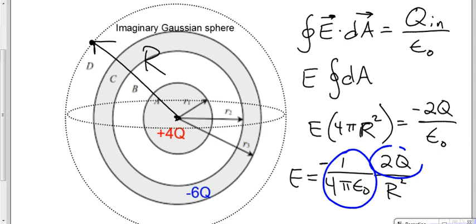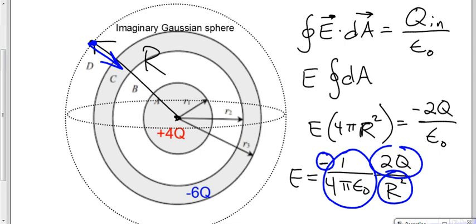2q is the total enclosed charge, the magnitude of that anyway. The negative here tells you which way the electric field vector will point. Negative means radially towards the center of our circular region. And then R squared means it's inversely proportional to how far our dot is from the center.